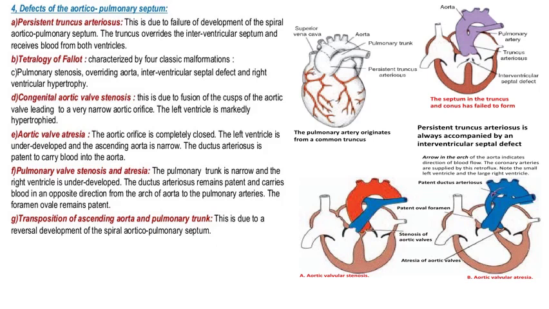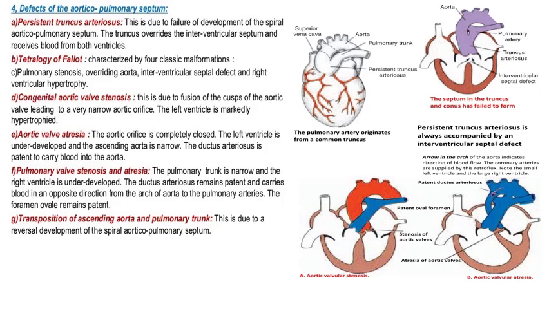Because this aortopulmonary septum is not formed properly, the contribution by the bulbar part to the membranous part of the interventricular septum is deficient. So there is persistence of the interventricular foramen, which means that there is an interventricular septal defect.